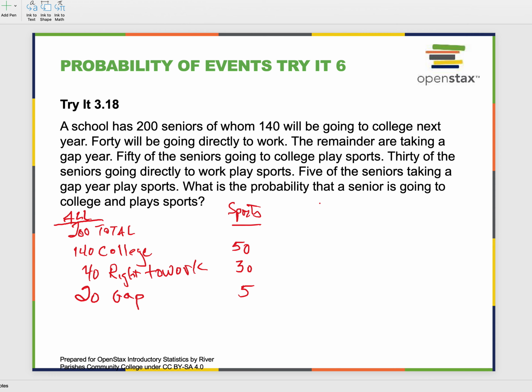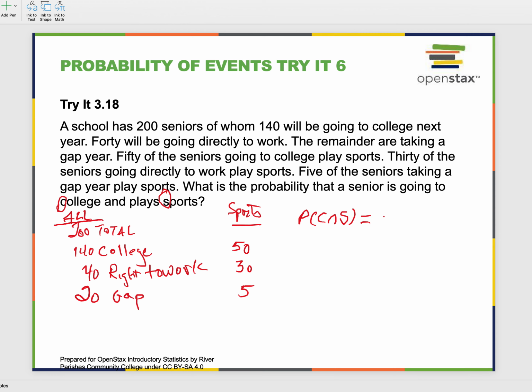So let's call it C for college, and I hate to use it, S for sports. So we want the probability of college and sports. What's that?